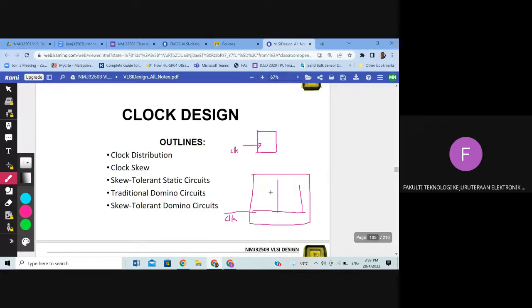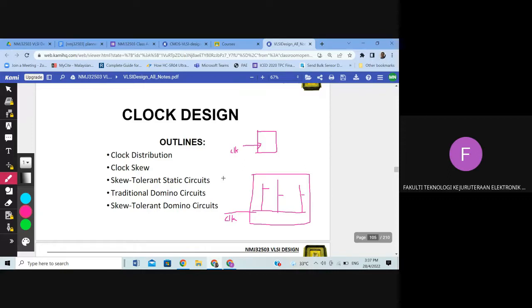You recall back your lab number 1. From there it will distribute the clock to clocking elements like flip-flop and also latch. So clock is actually the main reference that will trigger the operation of data in our design, and that's why it's very important. That's why we learn this in our course, VLSI design.